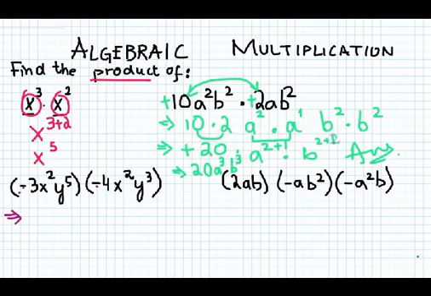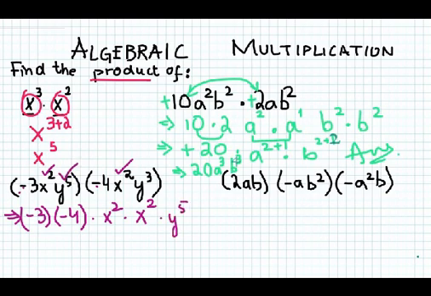Okay, now let's solve this one. So we have minus 3, so we can write minus 3, minus 4, then we have x squared, this one, and x squared. We can write similar variables together, x to the 5 and y cubed. Now let's solve it.